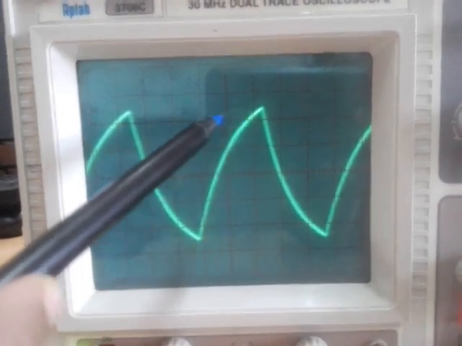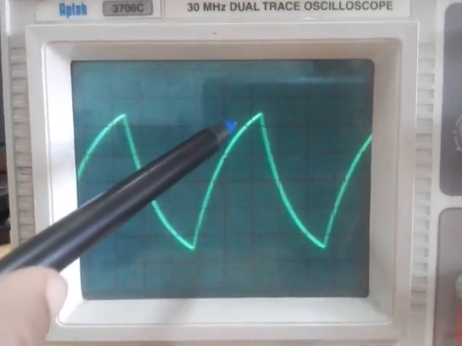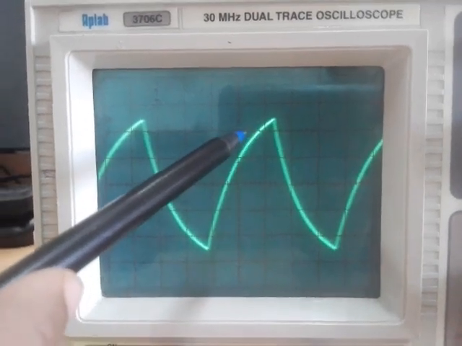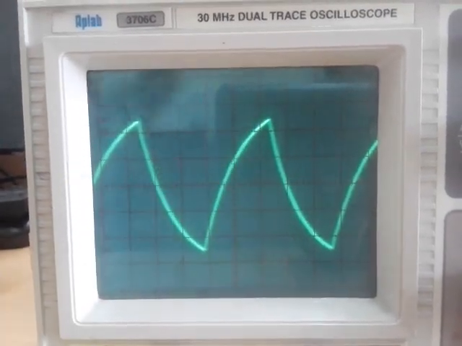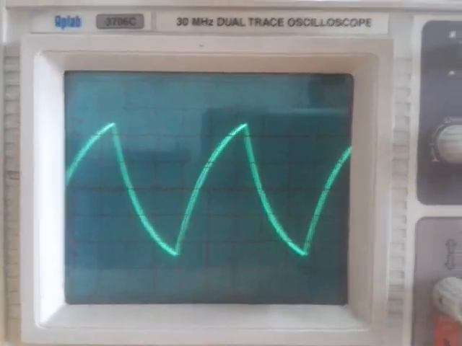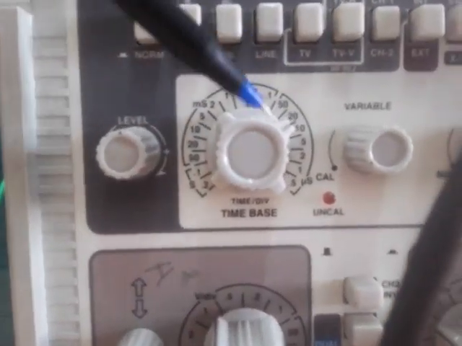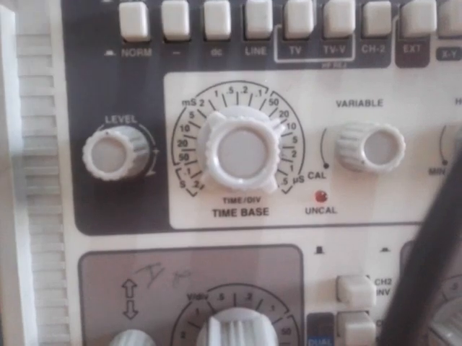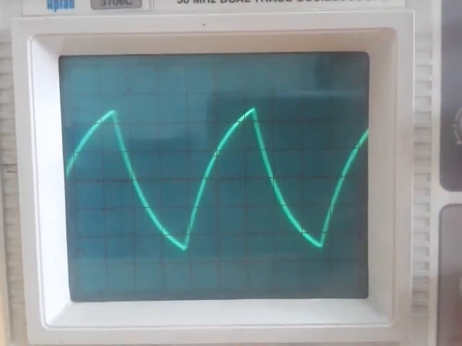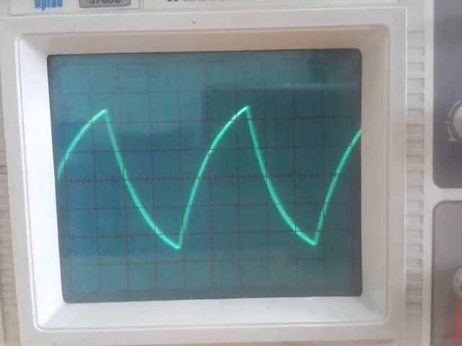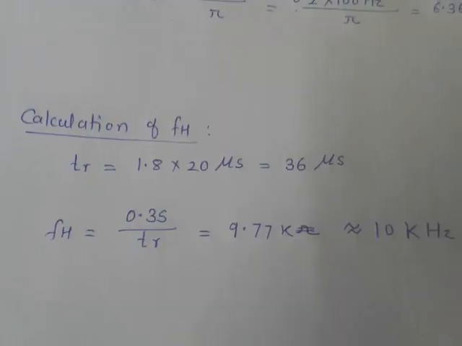So difference between T1 and T2, clearly it is from the screen 1.8, and my multiplier here for times per division, it is on 20 microsecond. So my TR will be 1.8 into 20 microseconds.